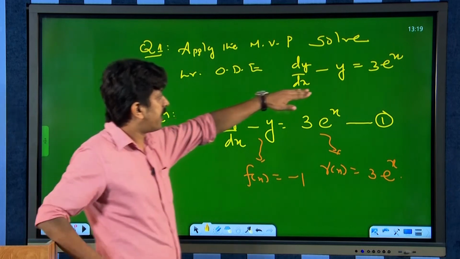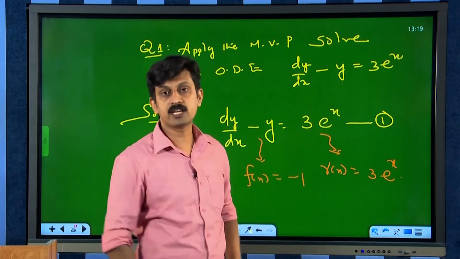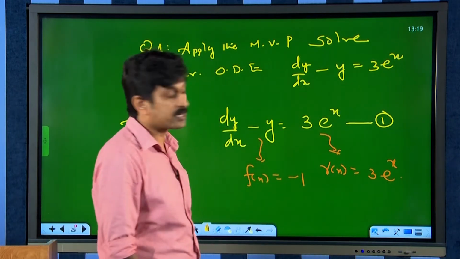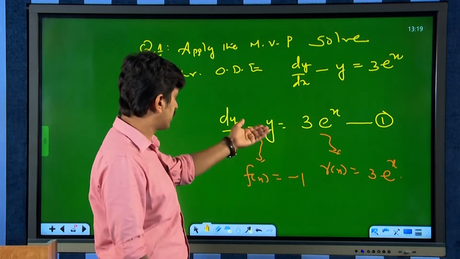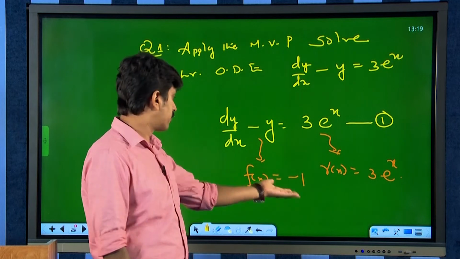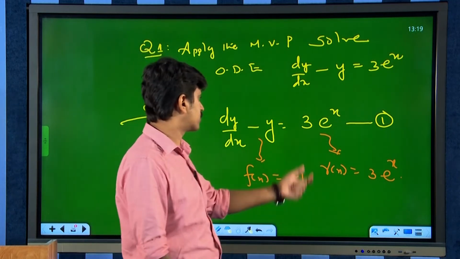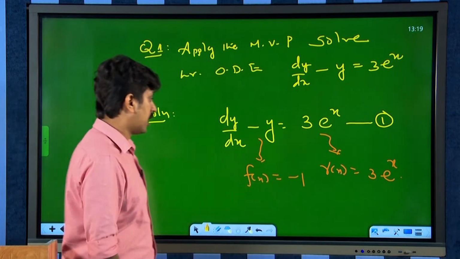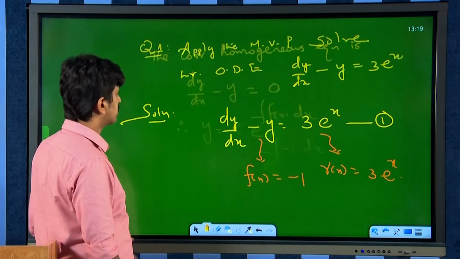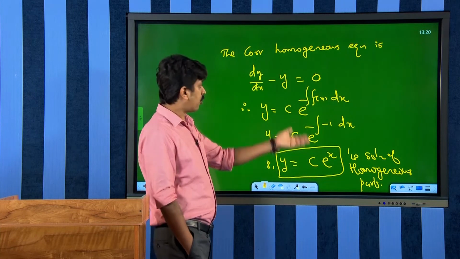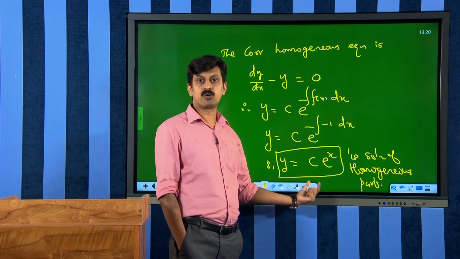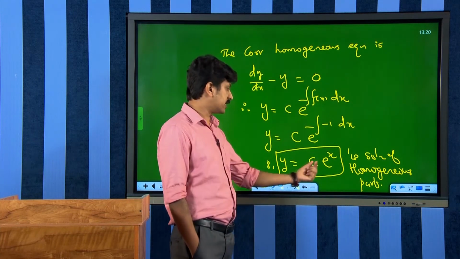That is actually we have a differential equation. While evaluating this one, we understood that it is linear, and we found that f of x, the coefficient function, is -1, and r of x, the non-homogeneous part, is 3 e raised to x. So, we found the solution of the homogeneous part, that is c e raised to x.